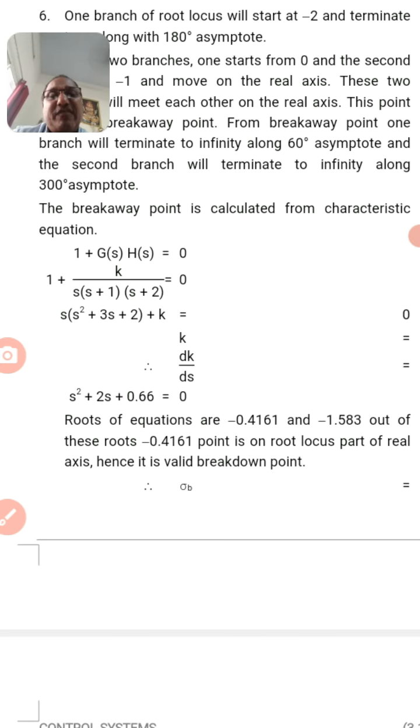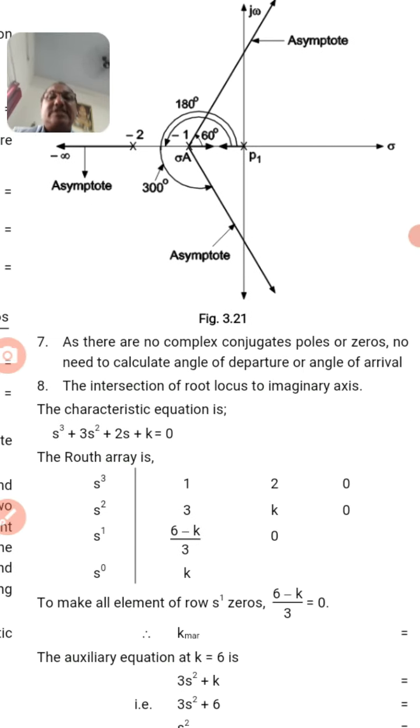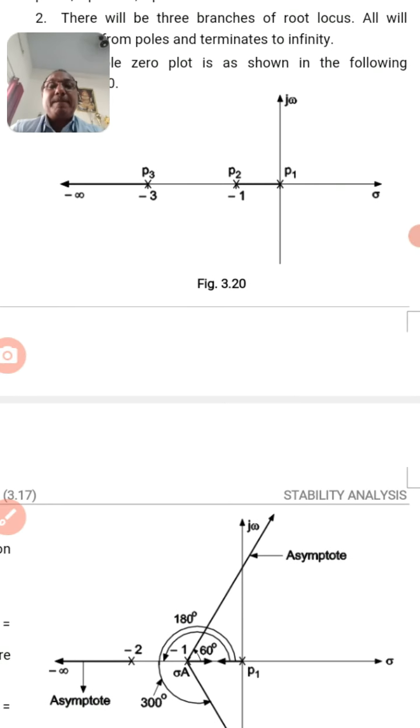Minus 1.583 we will skip because it lies out of this purview. The roots are 0, minus 1, minus 2.